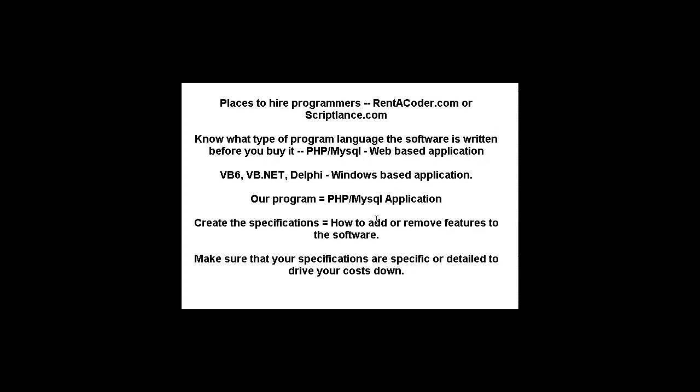If it's too general, like I've seen many cases many years ago where I'd go over to Rent-A-Coder or Scriptlance, and somebody would say something like, I want a clone of this newsletter product, or I want a clone of MySpace. Well, here's the thing. If you tell a programmer that you want a clone of something, you're going to get a lot of bids from people imagining things, and most likely you're going to make it harder for yourself in the long run.